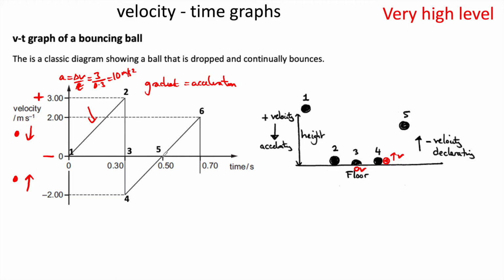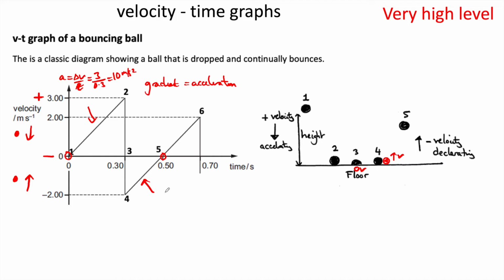So that's where it's back at the same position again, where it is stationary. But it's not as high up anymore because it lost some energy when it hit the floor. And this gradient here is the acceleration due to gravity, but it's decelerating.